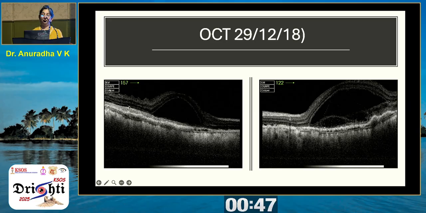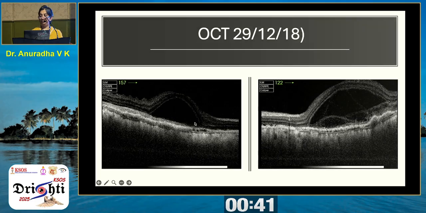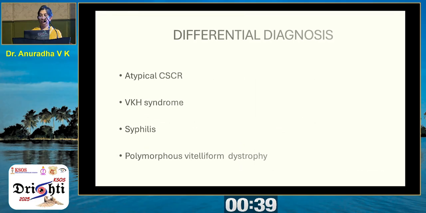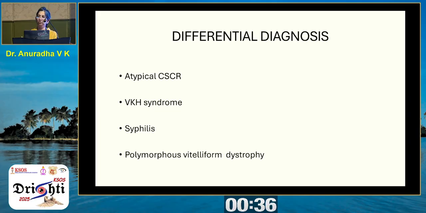And there is a layer of subretinal hyperreflective material as well. So this picture didn't fit into anything which I knew at that time. So we were just thinking atypical CSR, atypical VKH, syphilis.